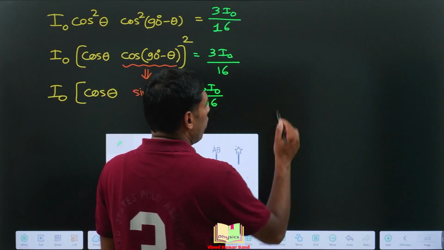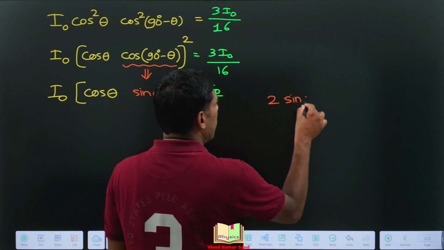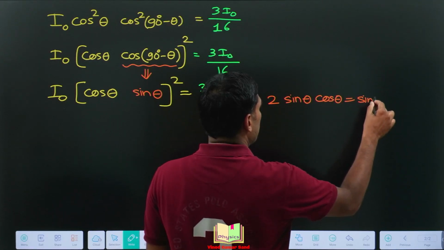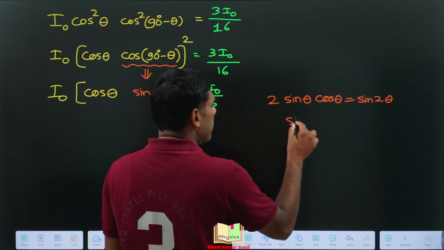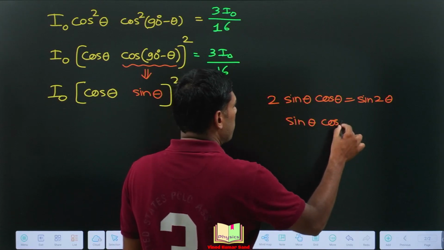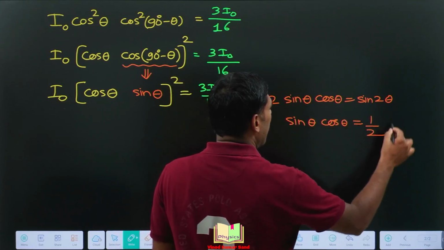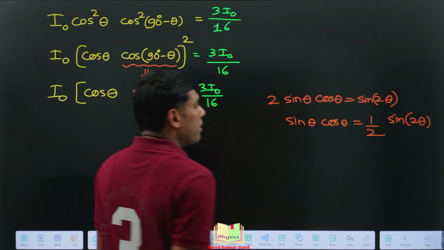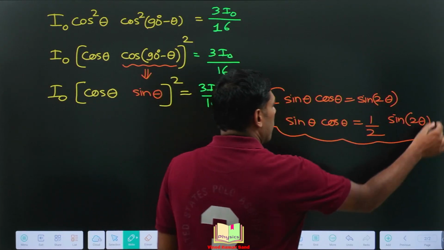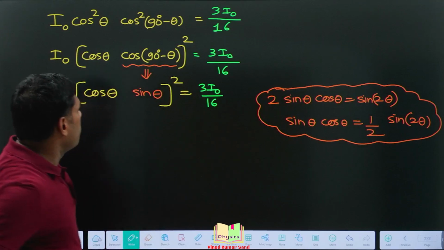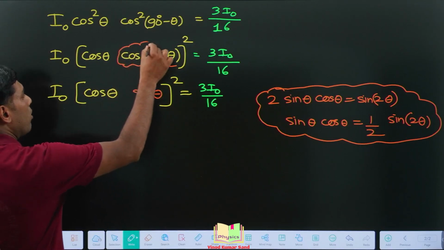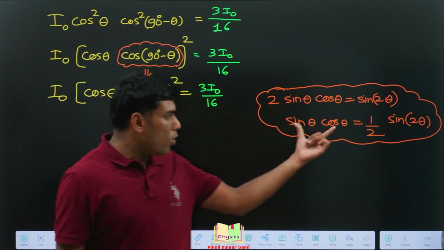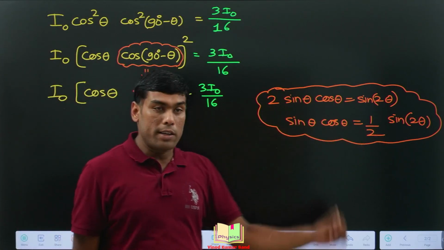We have a formula that 2 sin theta cos theta is equal to sin 2 theta. So sin theta cos theta is half sin 2 theta. Agree with this? Earlier we used that cos 90° minus theta is equal to sin theta. Now we are using that cos theta sin theta is equal to half sin 2 theta.